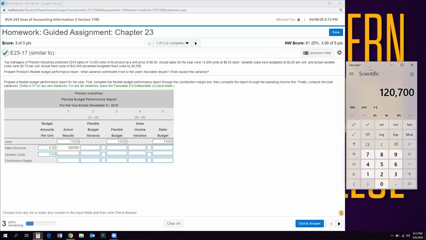So 14,200 units times $2.70 gives us our actual variable cost of 38,340. Our contribution margin is revenue minus variable costs: 120,700 minus 38,340, or 82,360.